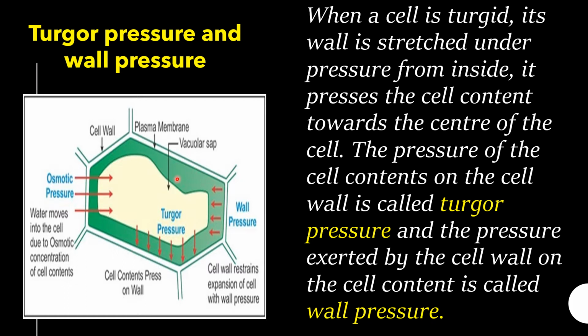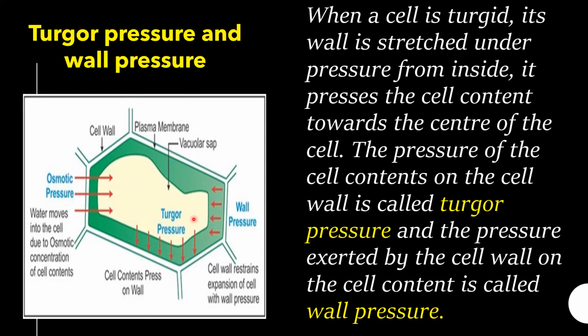It presses the cell contents towards the center of the cell. Then this cell wall is also applying a pressure towards the cell contents. Here we can see two types of pressure, turgor pressure and wall pressure. What is turgor pressure? The pressure of the cell contents.